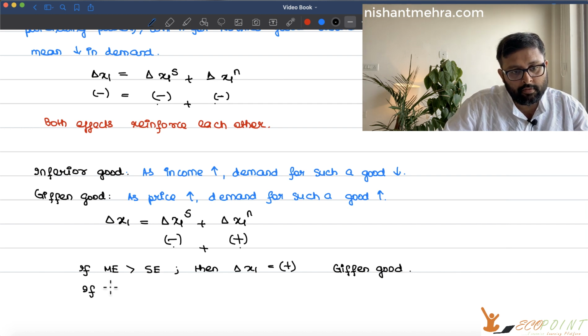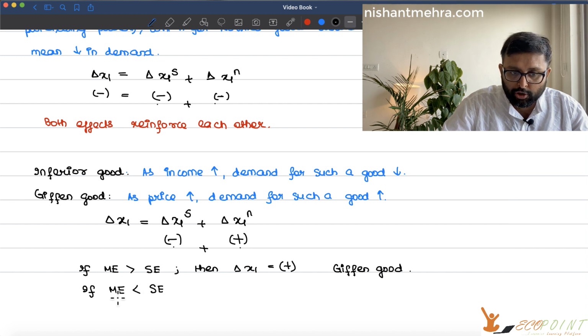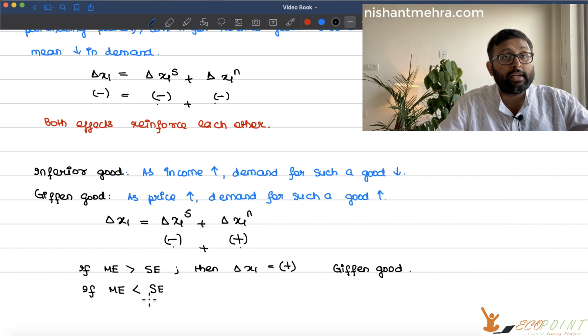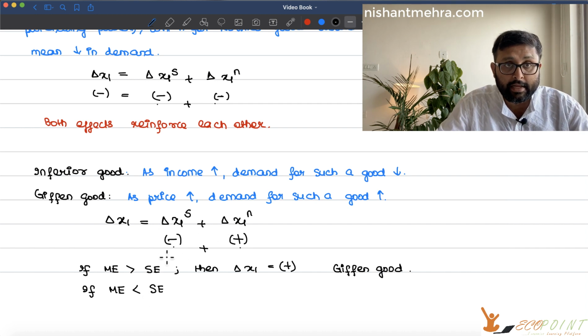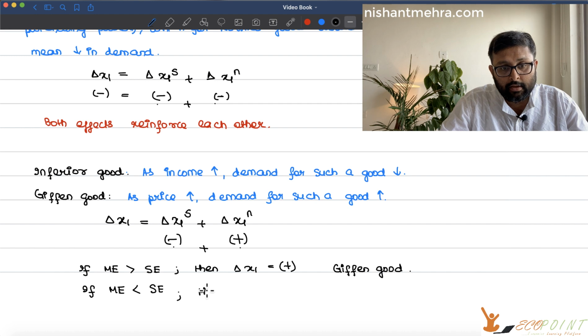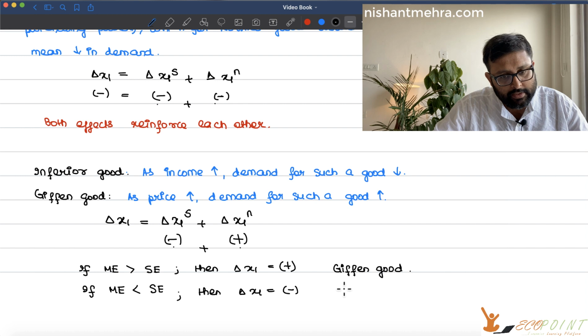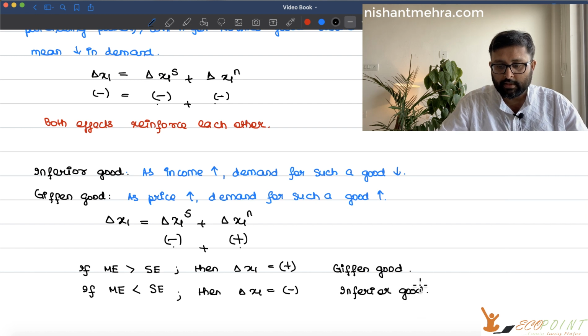If the income effect, although you have a wrong sign of the income effect here, is less than the substitution effect, so if the positive income effect is less than the negative substitution effect, then the ultimate sign for the total effect is going to be negative. These are inferior goods.